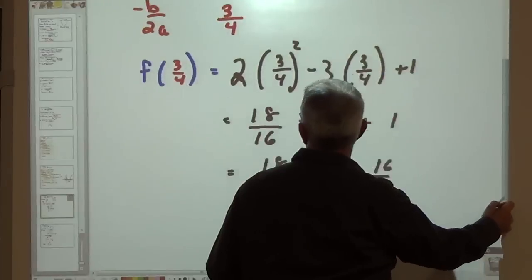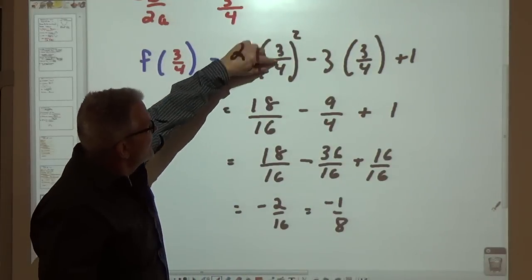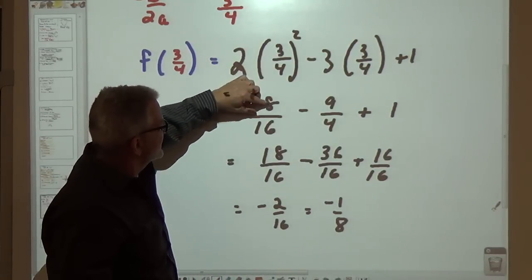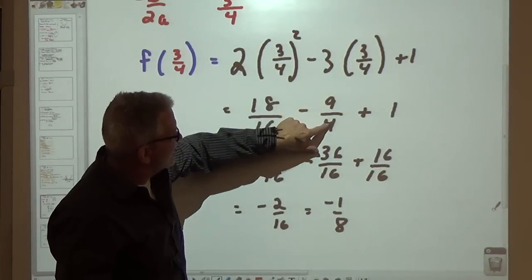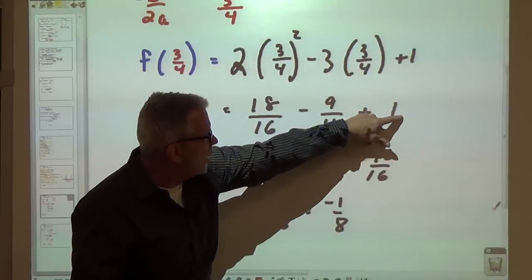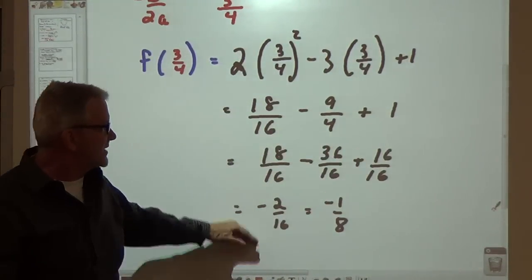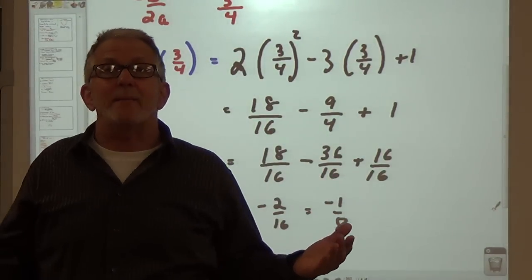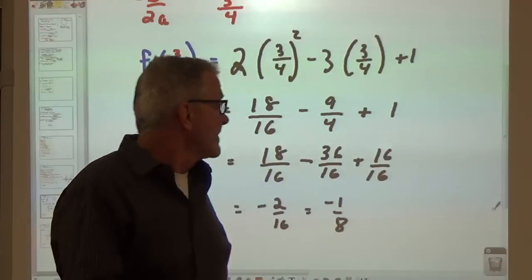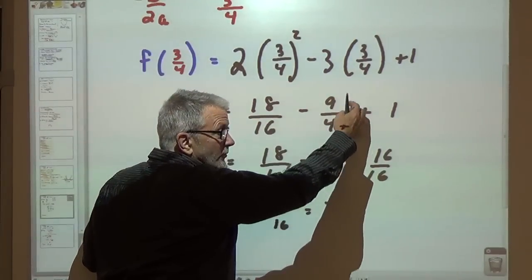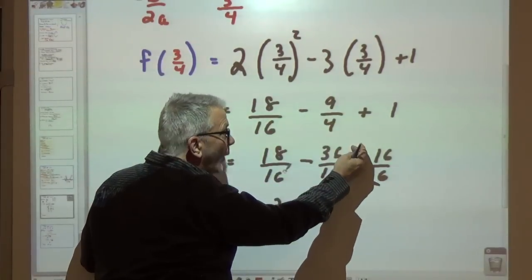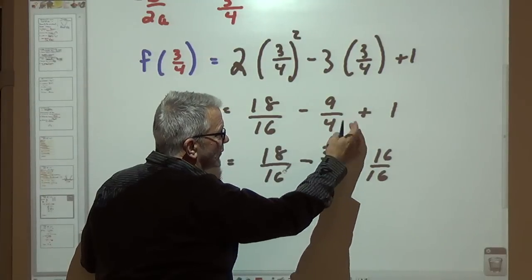So let's do the math here. 2 times 9/16 is 18/16. 3 times 3/4 is 9/4, but I'm subtracting that, plus 1. And I want to add all those fractions together, so I'm going to use the least common denominator of 16. There it is, 18/16. 9/4, multiply that by 1 in the form of 4 over 4. 9 times 4 is 36. 4 times 4 is 16.